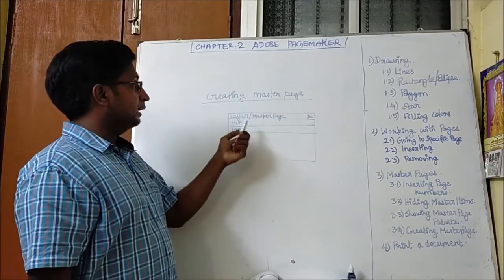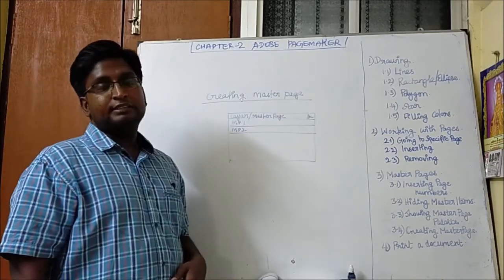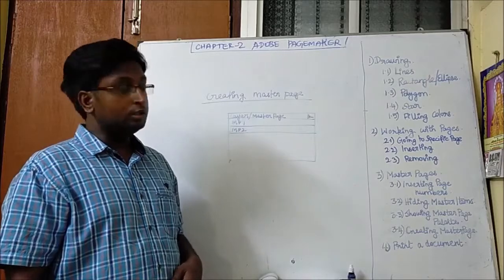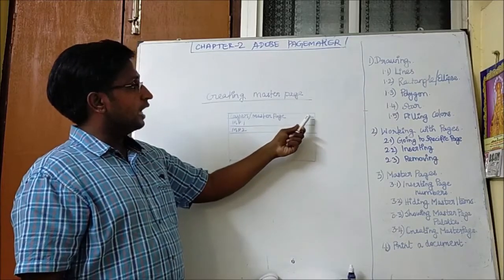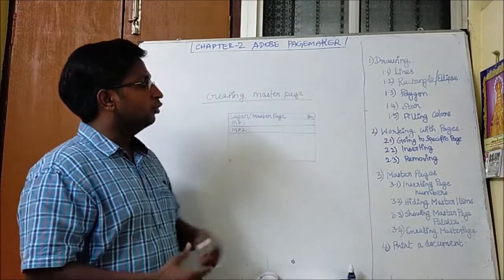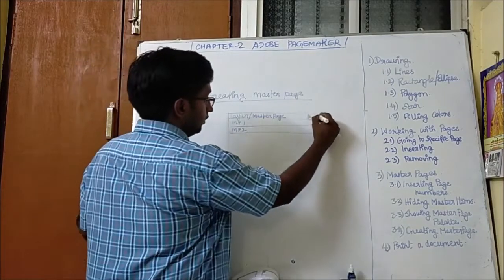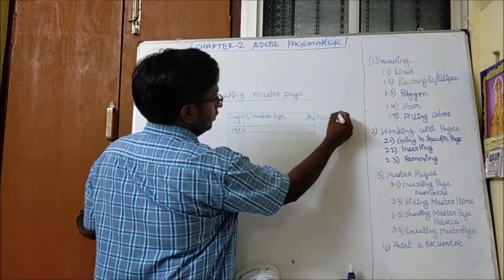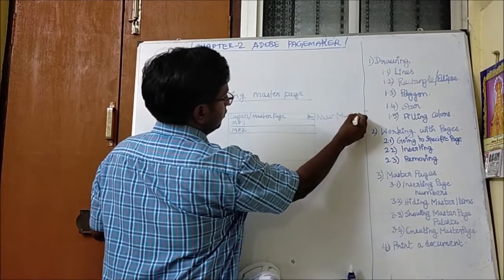In the master page tab, you will be having the list of master pages available, and in the corner you will be having a triangle. By clicking on that, a menu will be opened, and in that, new master page.